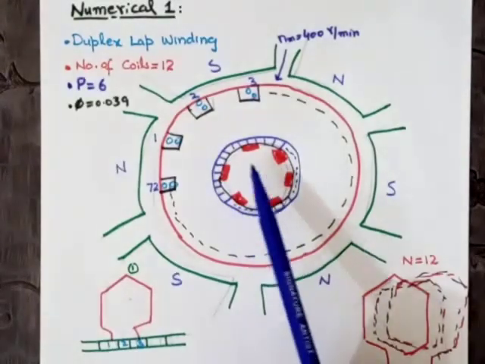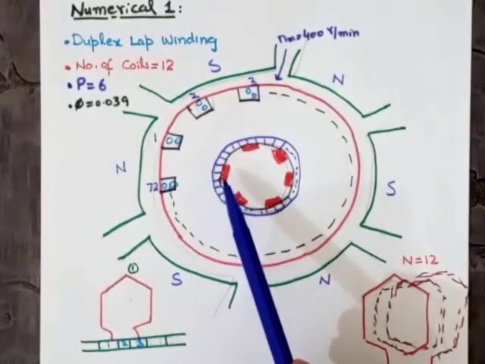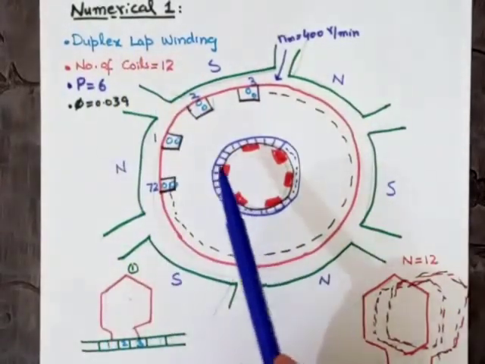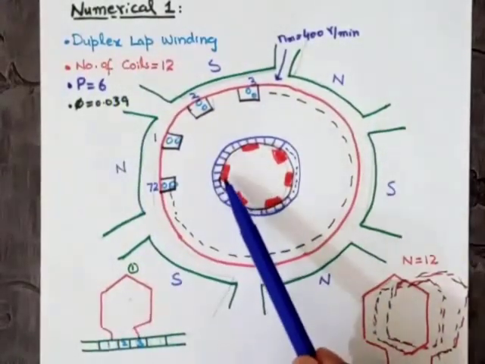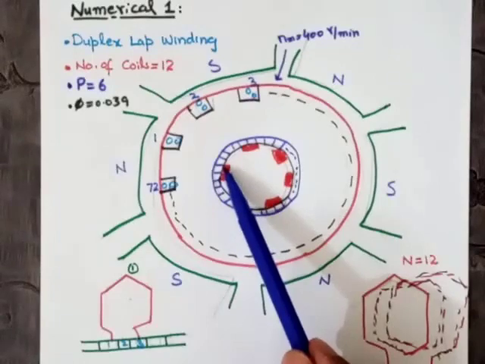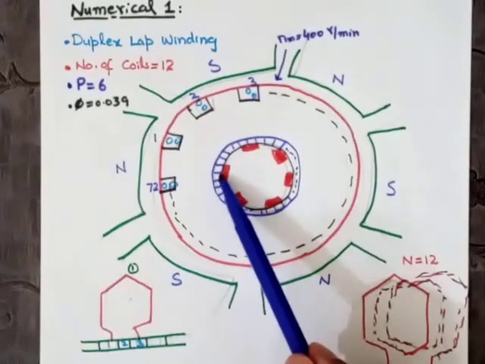Here the total number of brushes is 6, and the width of each brush spans across 2 commutator segments. In case of duplex winding, the width of each brush will be the same as 2 commutator segments.